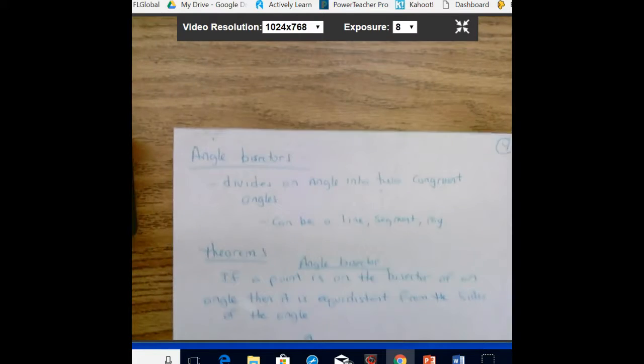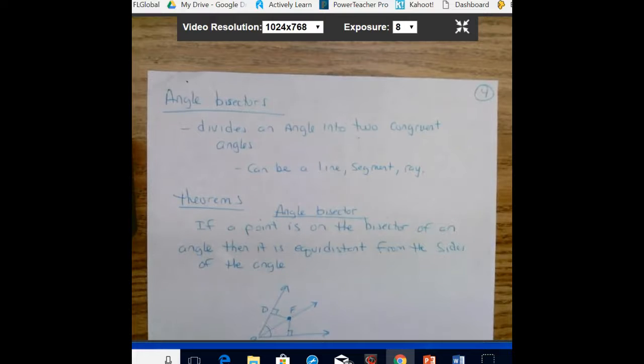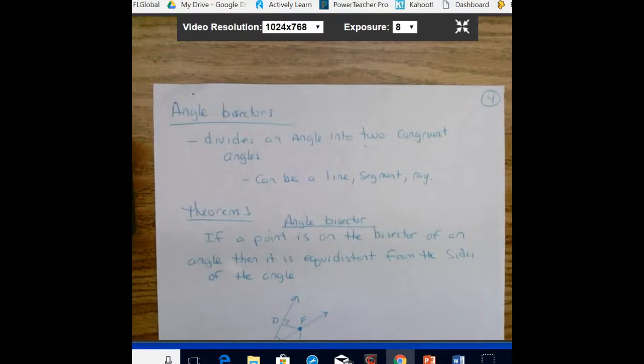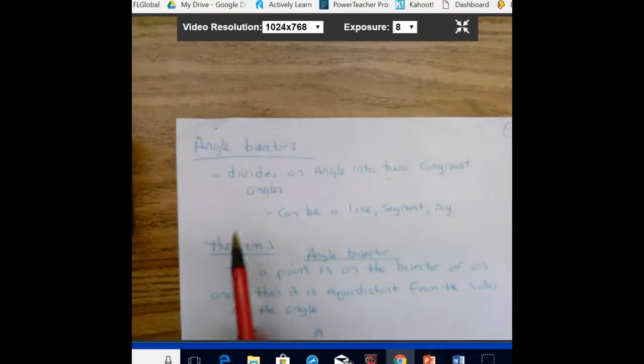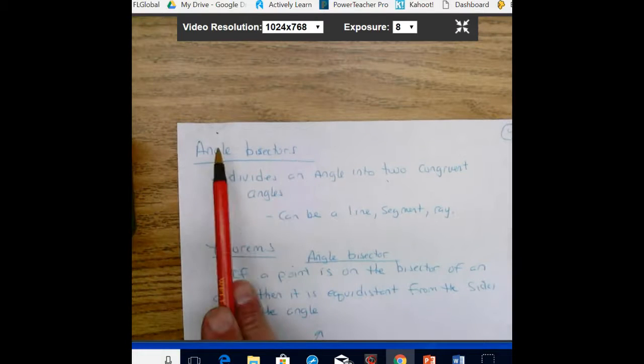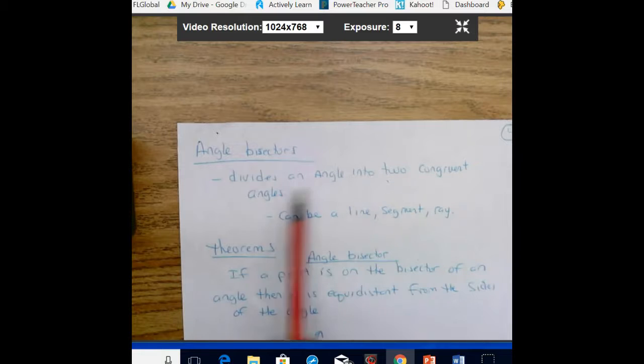Just want to cover a few more words, and then we'll do some practice problems. So here we have angle bisectors. Before we had segment bisectors, which were like lines. Now we're talking about angles. If a bisector cuts something in two, here we're talking about an angle getting cut perfectly. So an angle bisector divides an angle into two congruent angles.